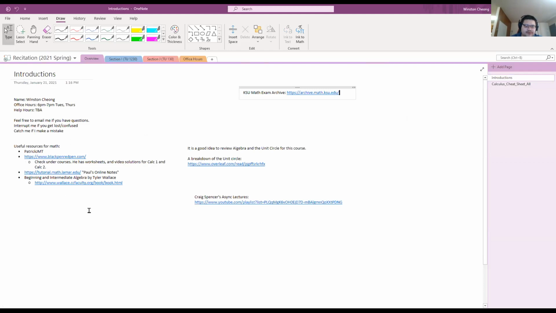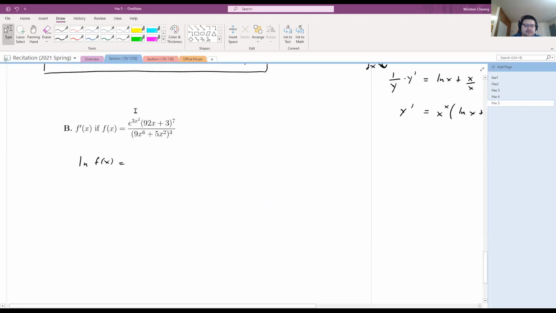This algebra textbook can be helpful for that. Right. So remember, it's going to turn this division into subtraction, this multiplication is going to turn into addition. These exponentiations or these powers get pulled down, and then this e is actually interesting.